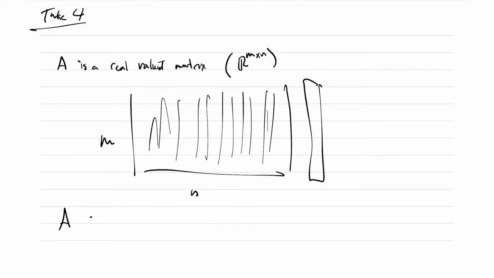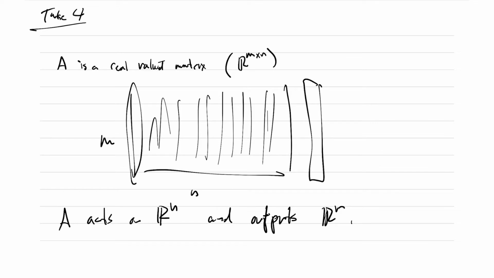So A acts on vectors in R^n and outputs vectors in R^m. The number of rows is determined by the rows of whatever is being multiplied on the left. Okay, so let's see what we can do.